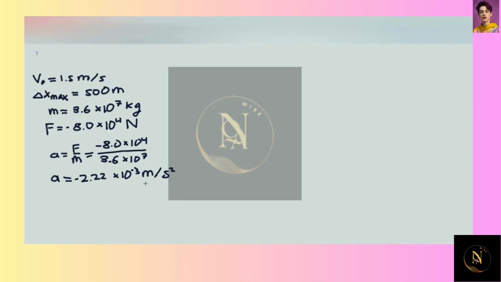So now we can use the following kinematics equation in order to find the final velocity of the tanker, given this maximum displacement. Note that we will be taking a square root, and let me make that really explicit.